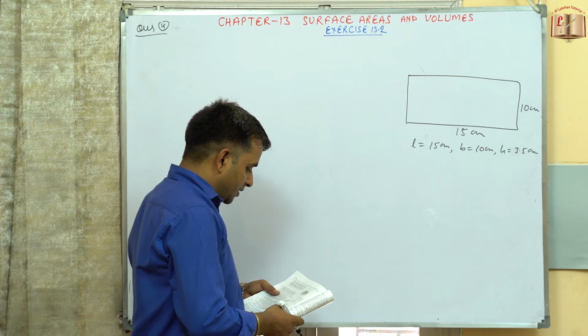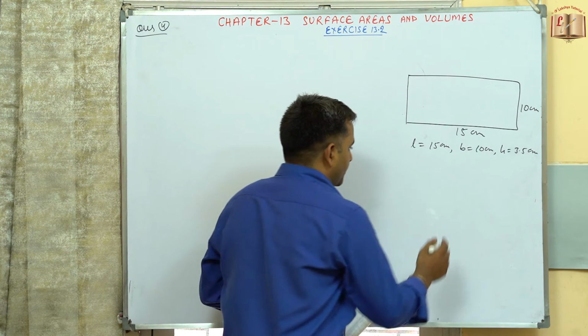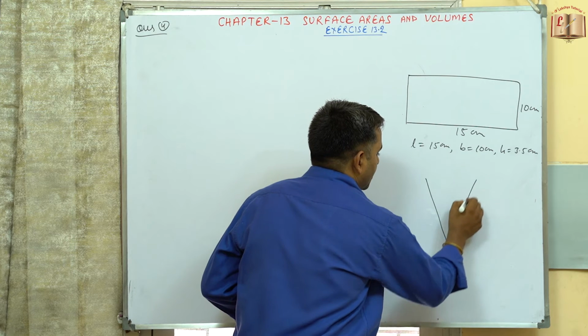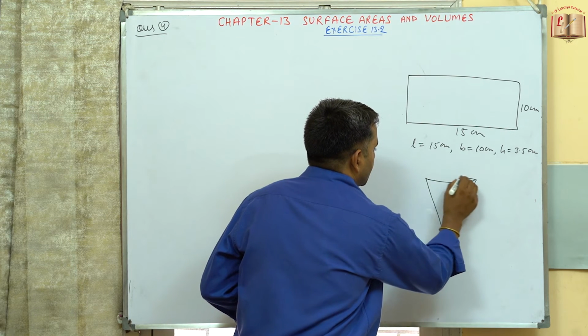The radius of each of the depressions is 0.5 centimeters. So depressions are in the conical shape.